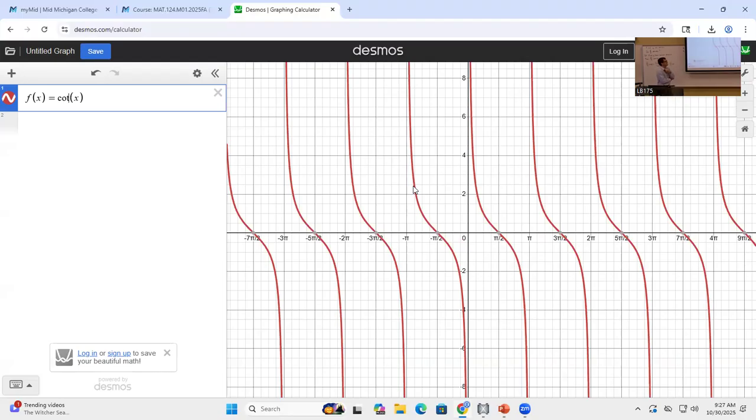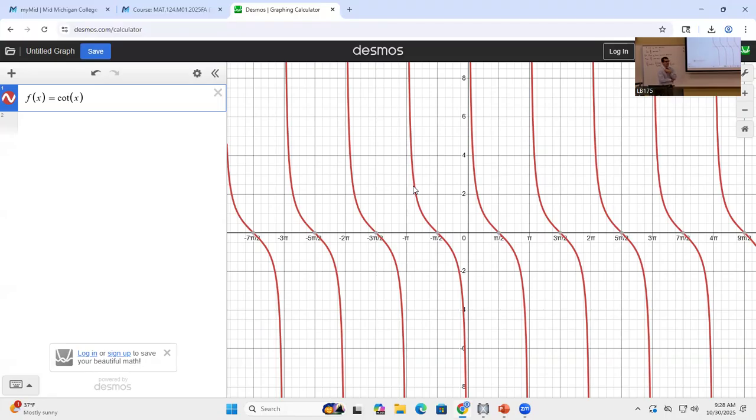Notice that the range here goes from negative infinity to positive infinity on both. On both the tangent and the cotangent, we have ranges of negative infinity to positive infinity. The domain is everything except for where the asymptotes are.